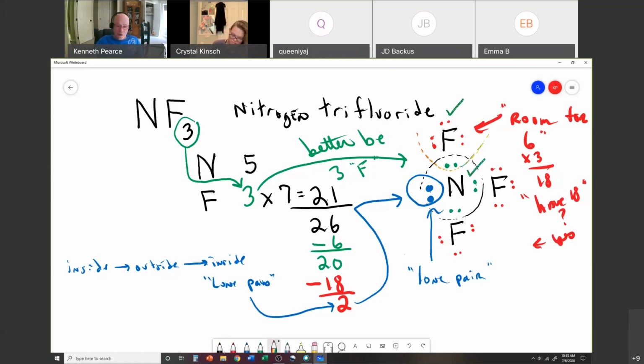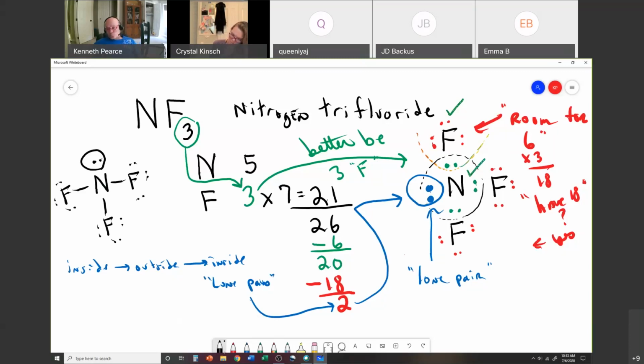So if we were to sketch this out with lines, we would say like this. We would go N, fluorine, fluorine, fluorine, and we would still have that lone pair circle. I like to put them up on the high end. And then we would have, of course, the 6 dots on each one.